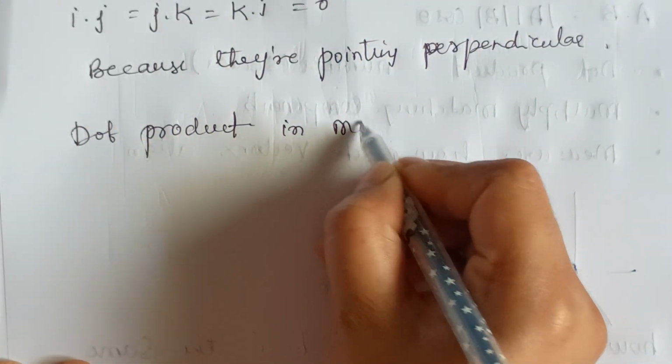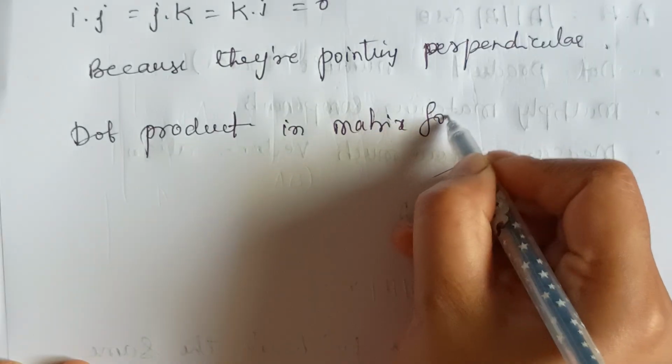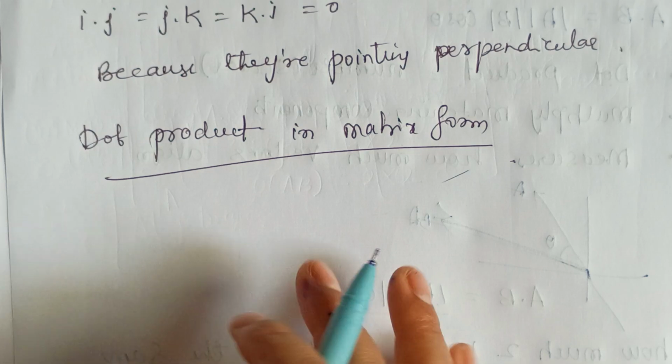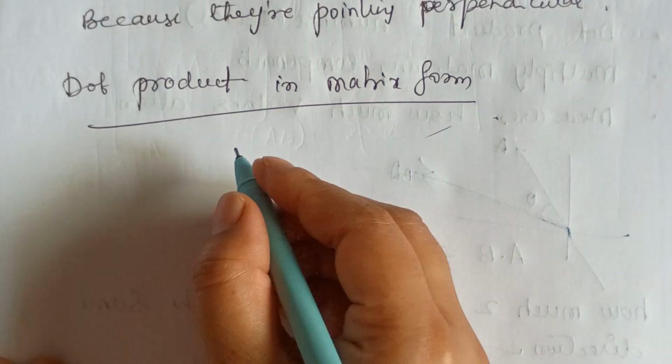Now we have the dot product in matrix form. So here's how you calculate the dot product using its components.